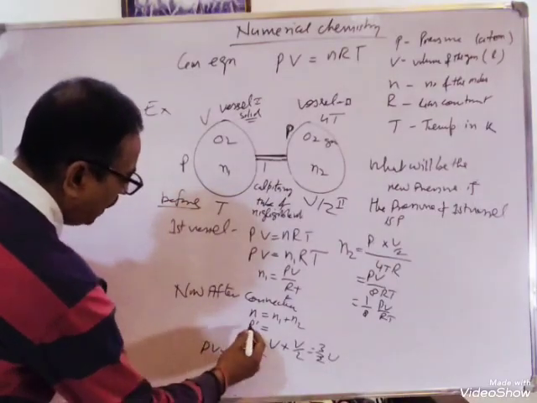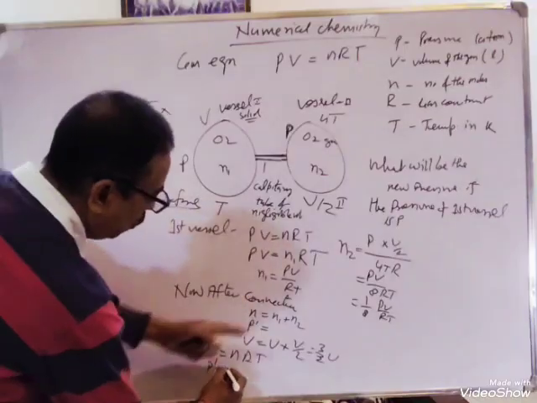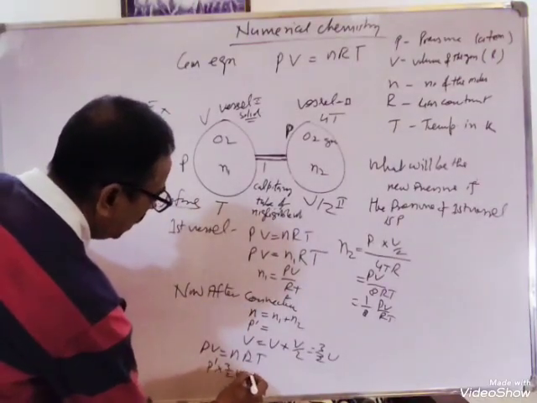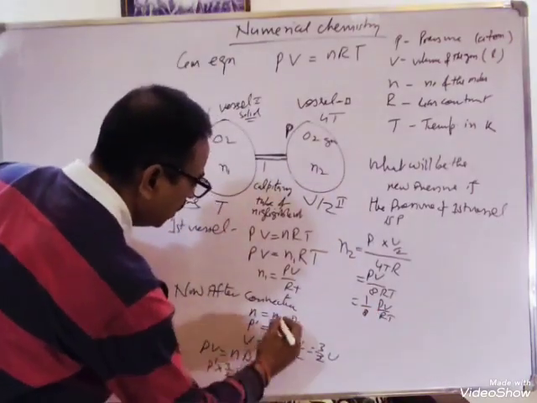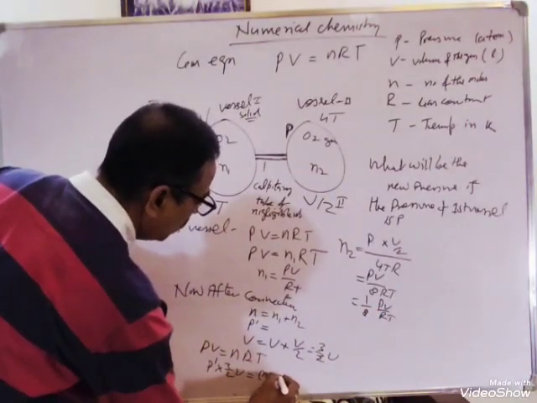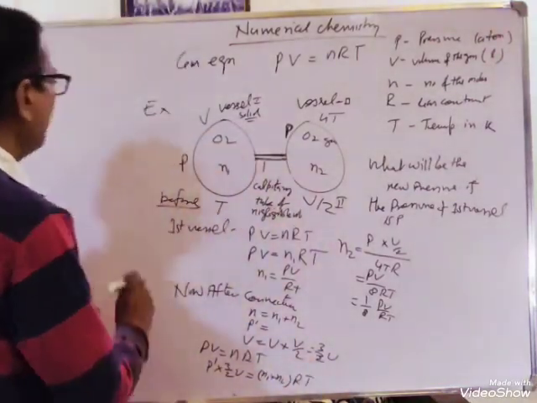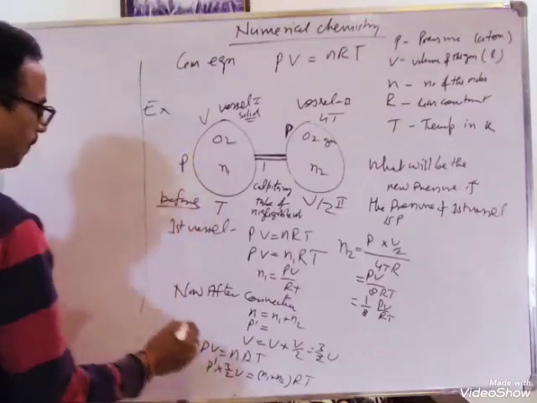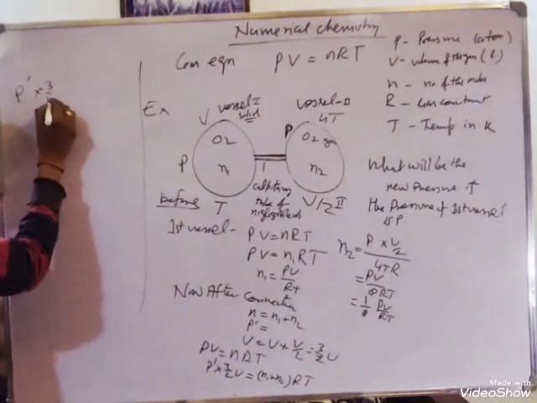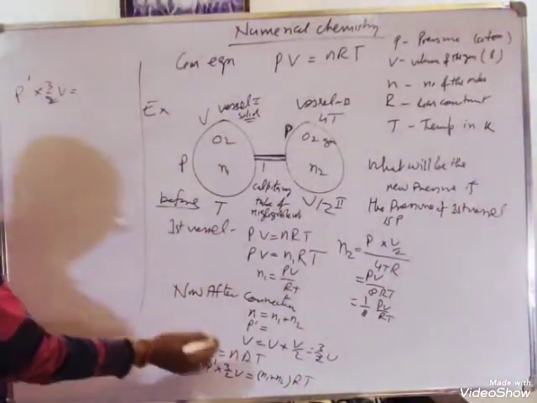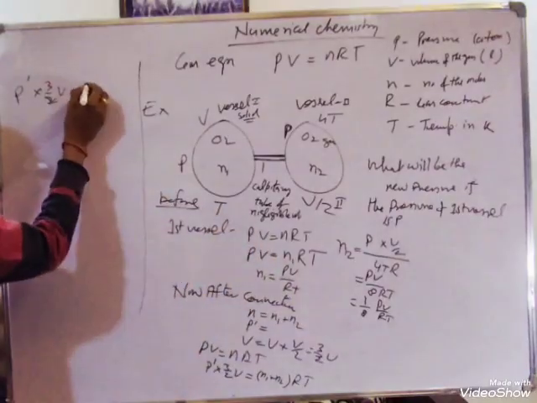Put the values: P dash, volume 3 by 2 V, number of moles N1 plus N2, R and T. If we simplify, P dash into 3 by 2 V equals N1 plus N2, that is 9 by 8.